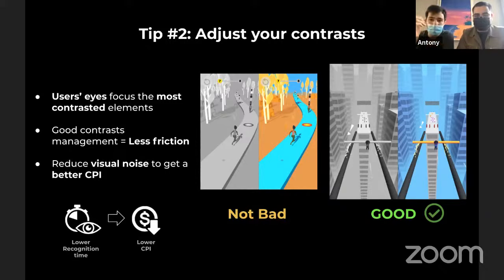On the contrary, as you can see on the right side, the brightest element is the path on which the player is playing, and the darkest ones are the rails. So here, the balance is really good, with the background being really grayish, and that leaves the importance on the gameplay only.